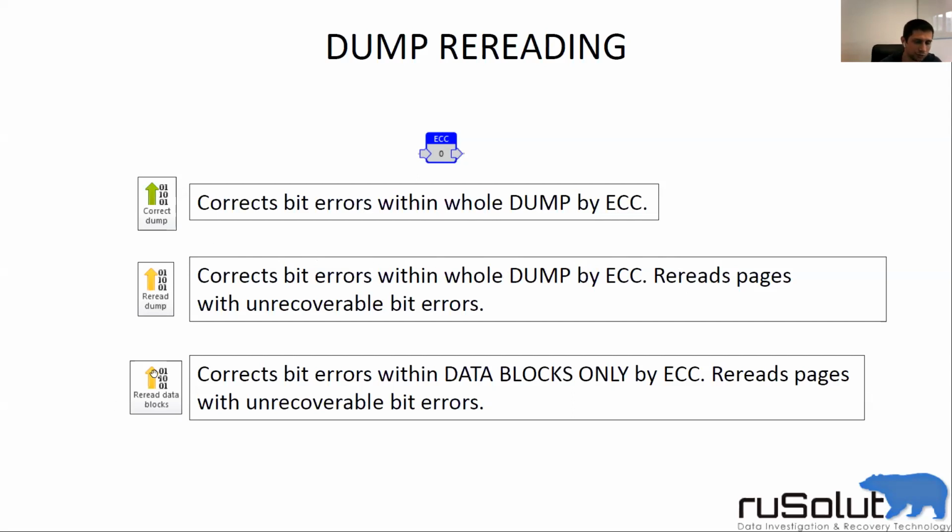And the last version of the utility can do pretty much the same operation, but on data blocks only. And this operation can work much faster than the previous one, because if you have quite a big chip, but the amount of data is quite small, so the user didn't have a lot of data on that chip, and you run the first option, it will try to read the whole dump, and if the dump is big, it will take a lot of time.